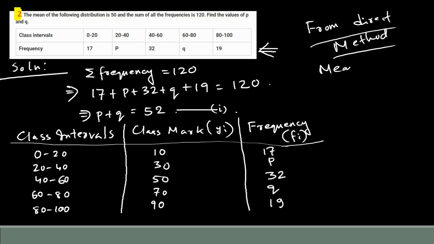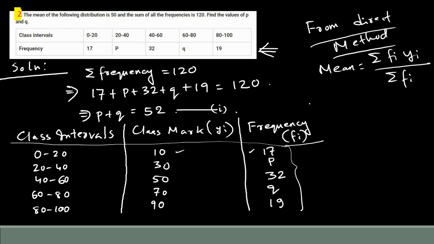Mean equals summation of fi yi divided by summation of fi, right? Simple common sense. How many times is 10 there? You're multiplying with the number of times it occurs, basically 17. So 17 times 10 plus 30 times p plus 50 times 32 plus 70 times q plus 90 times 19, divided by this total frequency.